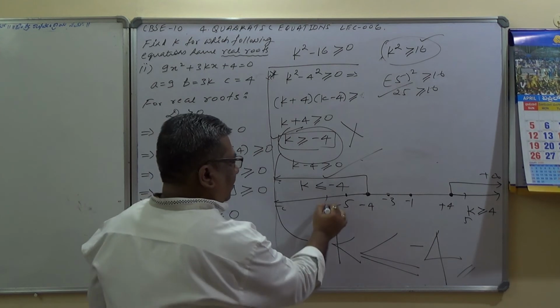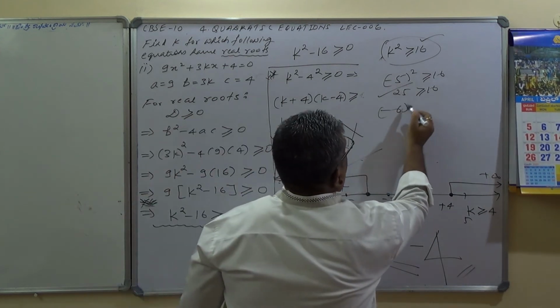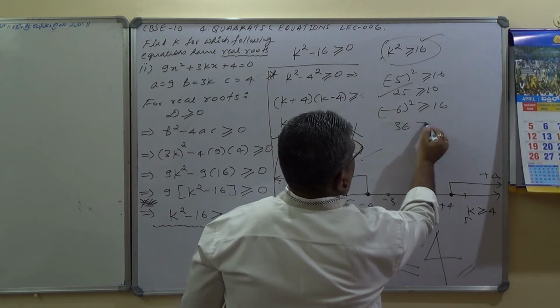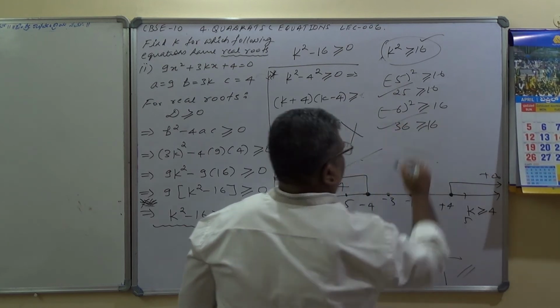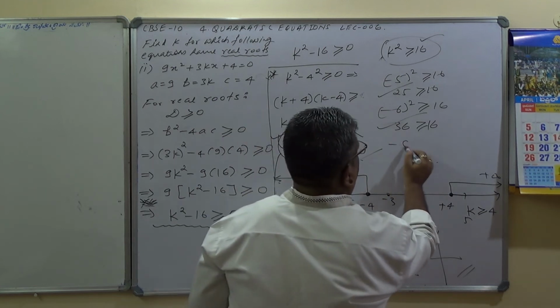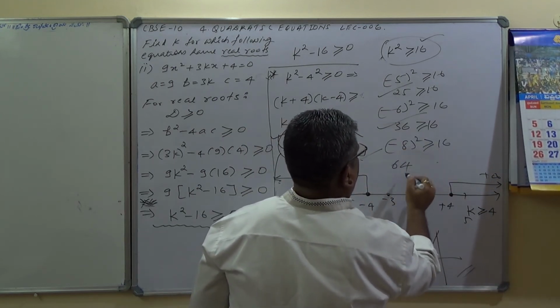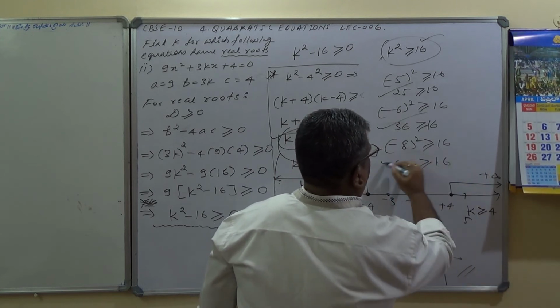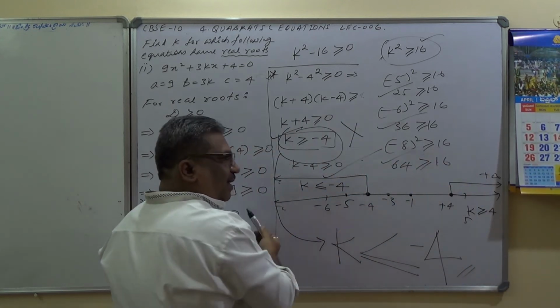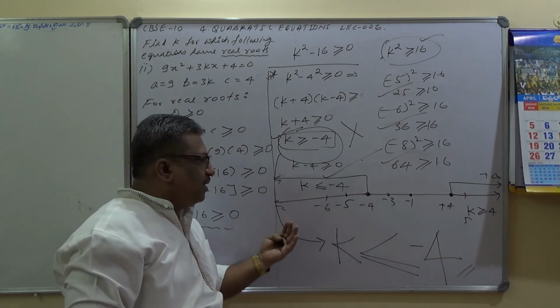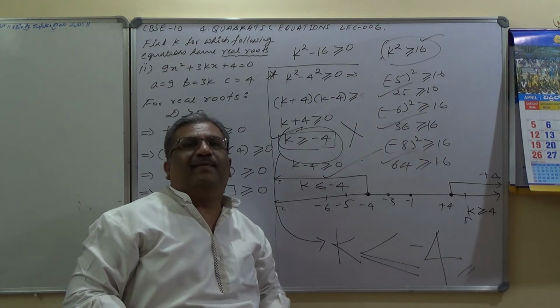Take minus 6. Minus 8. All values of k which are less than minus 4 satisfy the given equation.